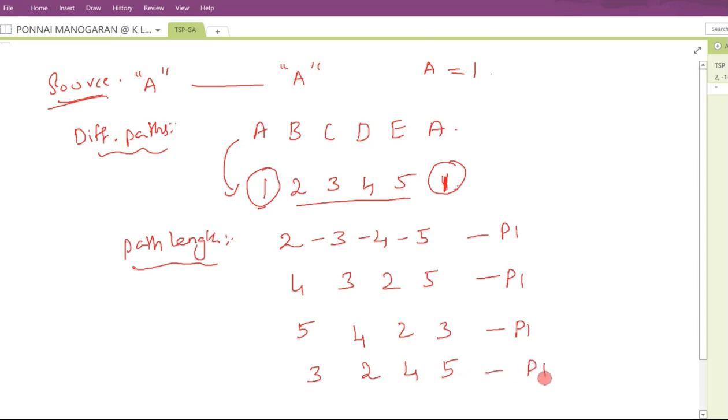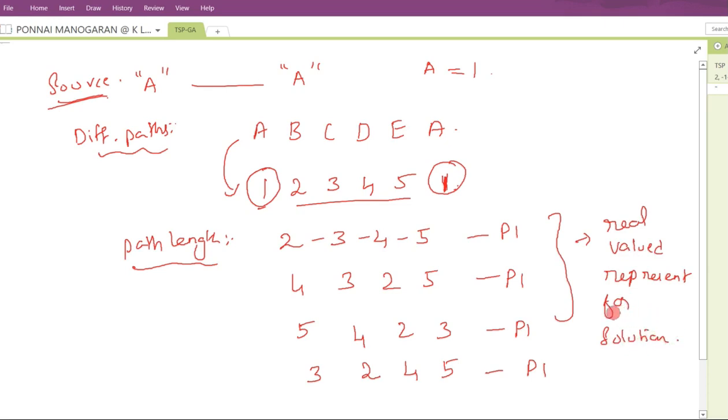So all are different solutions. This is the real valued representation we will use for a solution.